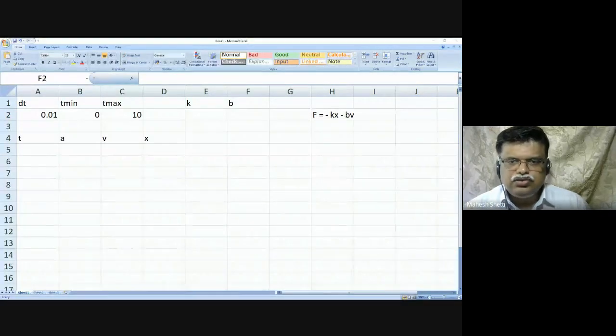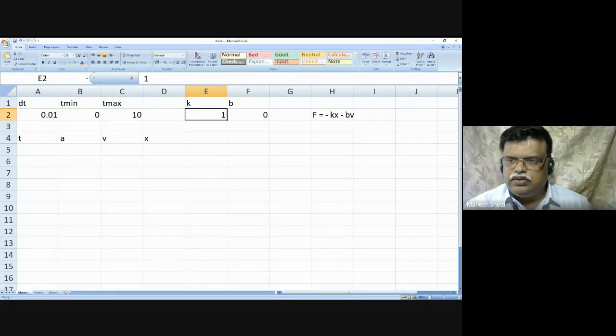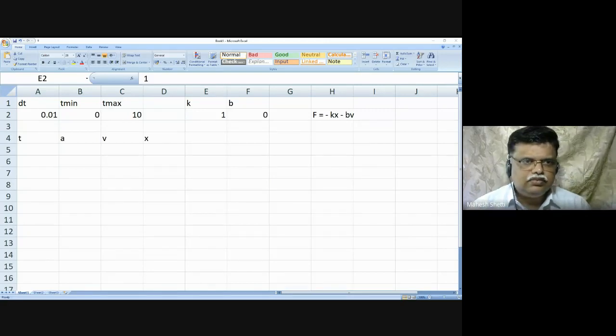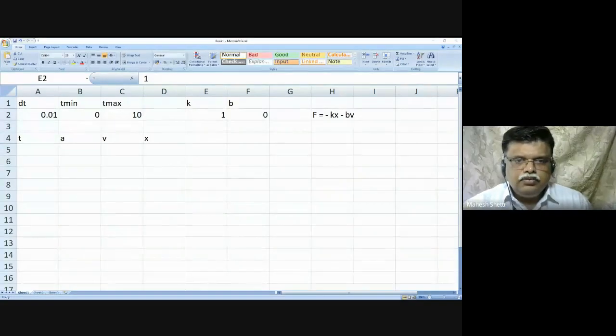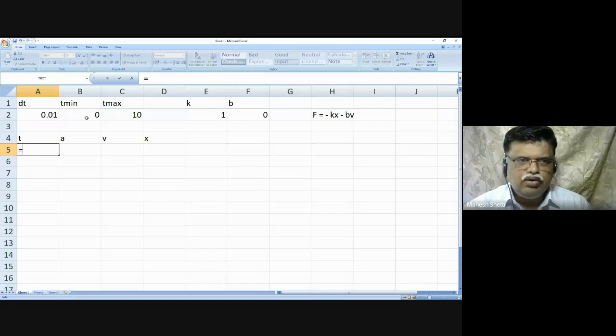First, we shall keep the damping constant, say, 0 initially, and K I'm going to keep 1. Now, this T, I'm going to keep as T minimum.